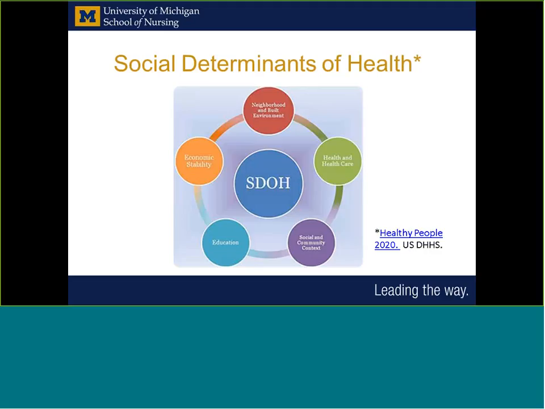So you can see from the diagram here that it has been broken into the following categories: education, economic stability, neighborhood and built environment, health and health care, and social and community context. So this is the framework that we use with our global partners to discuss community assessment.